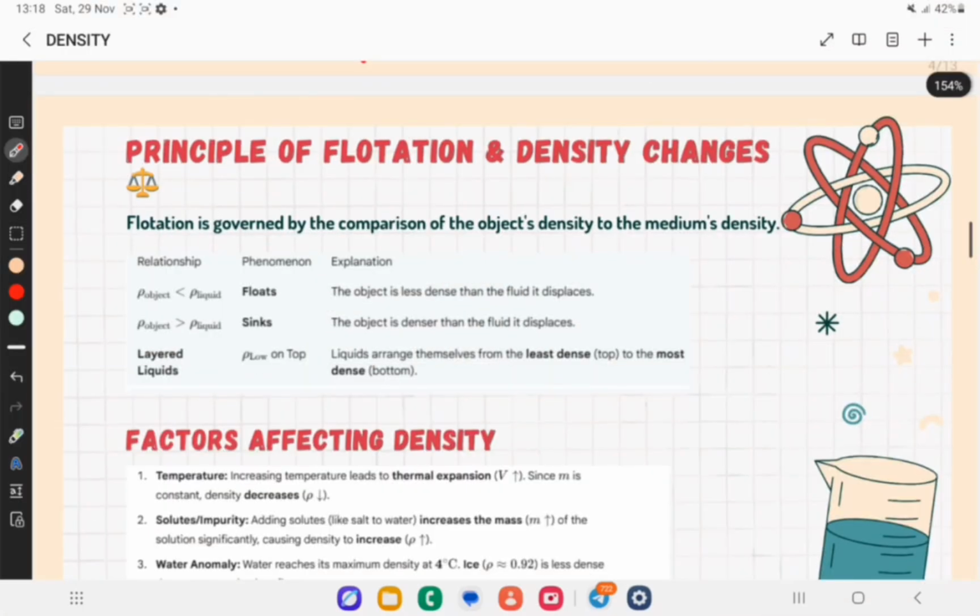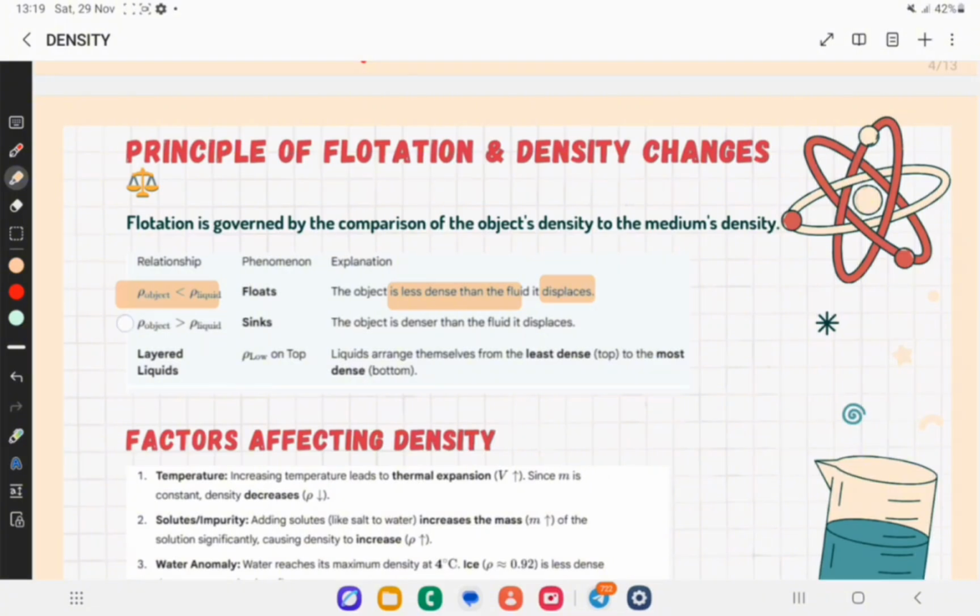For this part, we have the principle of flotation and density changes. Flotation is governed by the comparison of the object density to the medium density. We look at the relationship, the phenomenon, and the explanation. When the density of the object is less than the density of the liquid, the phenomenon is float, because the object is less dense than the fluid it displaces.